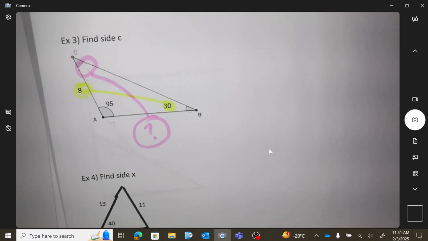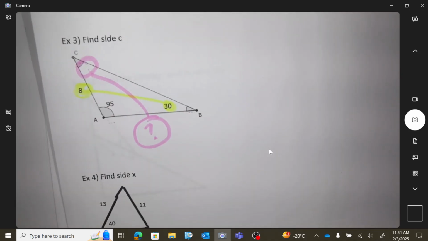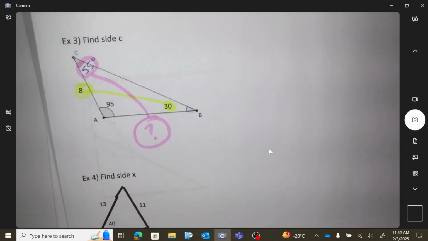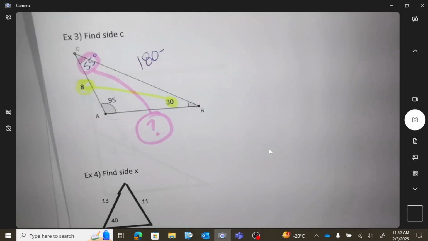180, yep. 180 minus. So if you did 180, subtract that corner and that corner, hey, look at that. Now we have the top corner, right? So that was my first strategy, the 180 minus strategy. Now I can go ahead. Can you set up the pairs and the side, figure it out, multiply, divide.